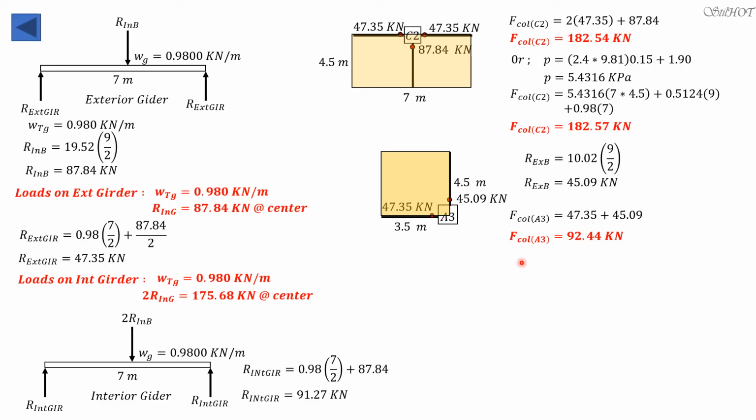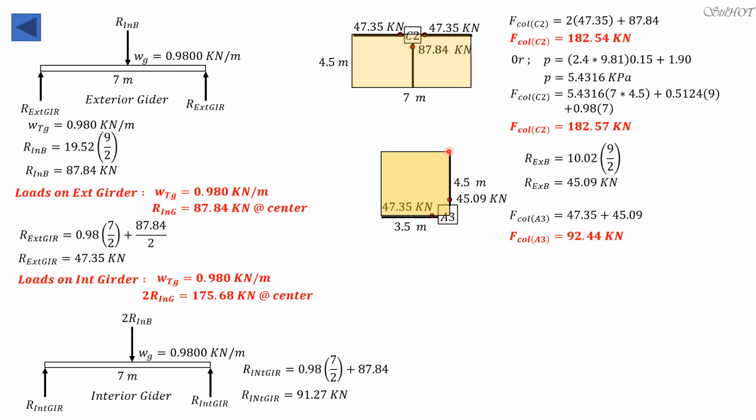For the other calculation by means of pressure, the pressure here is 5.4316, which we already computed, times the area, which is 4.5 times 3.5, plus the weight of the beam. This is a beam, and take note there is also a beam here, and also a beam here.